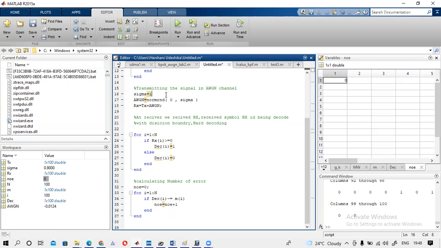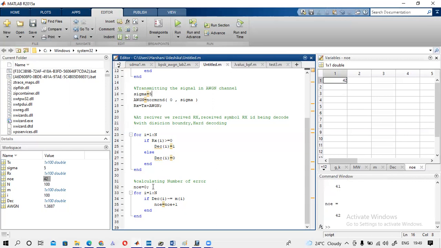If I put around 1, it is still not, there are no errors. So now you can see that when we increase it to 2, the number of errors will be somewhat high. If I put 5, it should be very high.